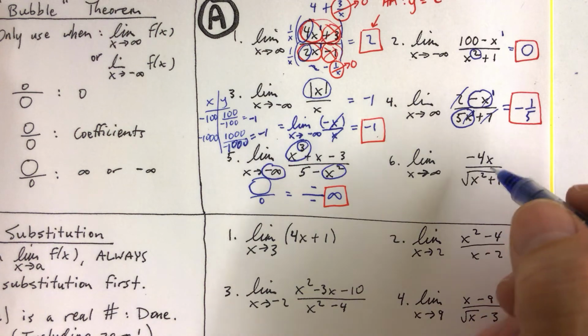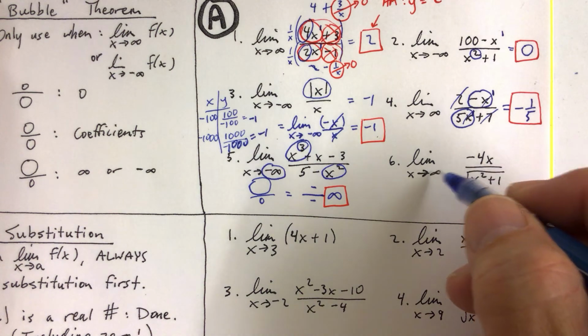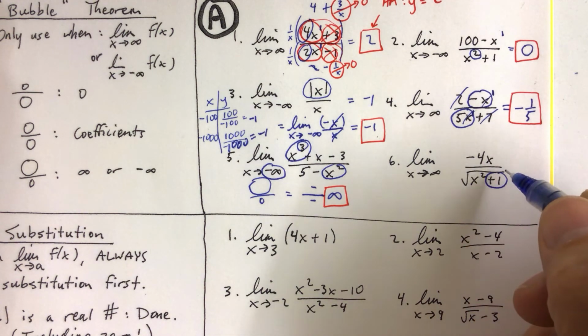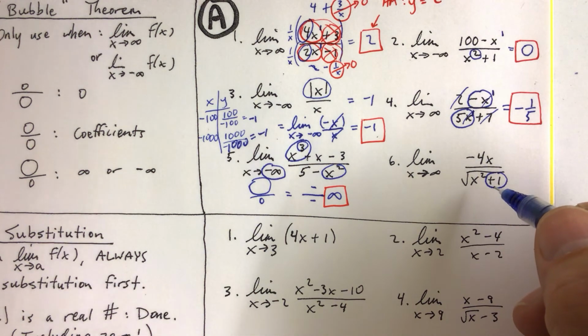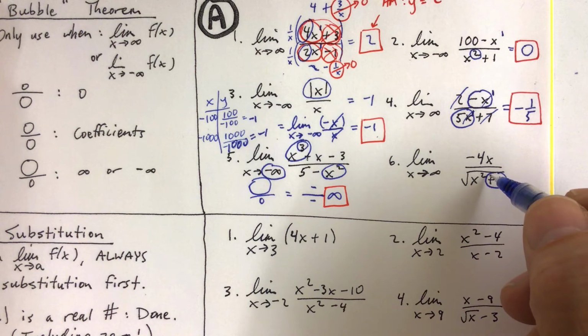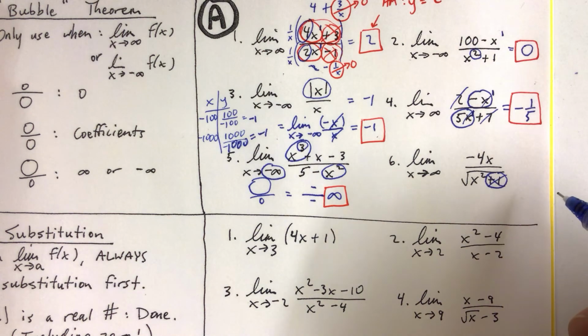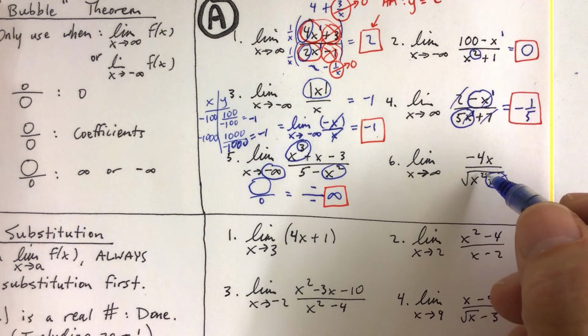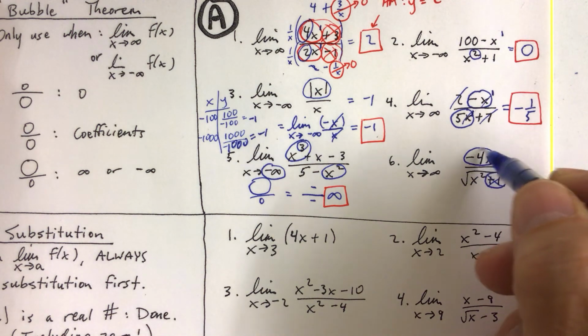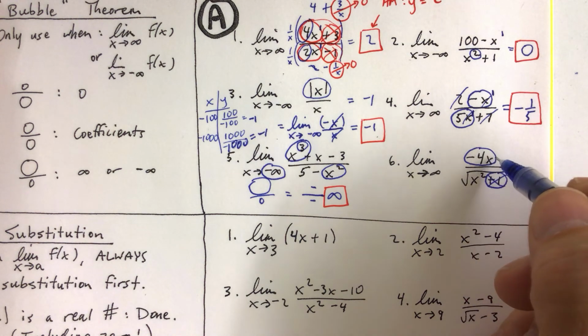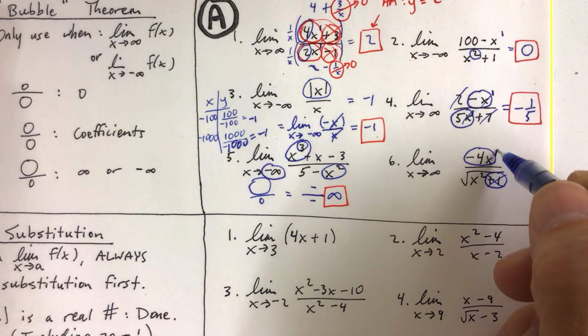Now for number 6, as x approaches infinity, when we have radicals in either a numerator or denominator, we want to simplify things a little bit. We're going to take that plus 1 and throw it away because it is insignificant compared to this x squared, so we can act as if it's not there. Now, the numerator will be negative 4 times x to the first power.